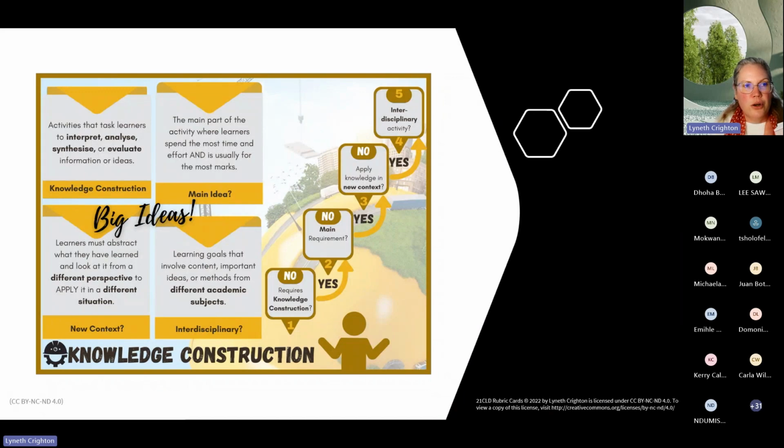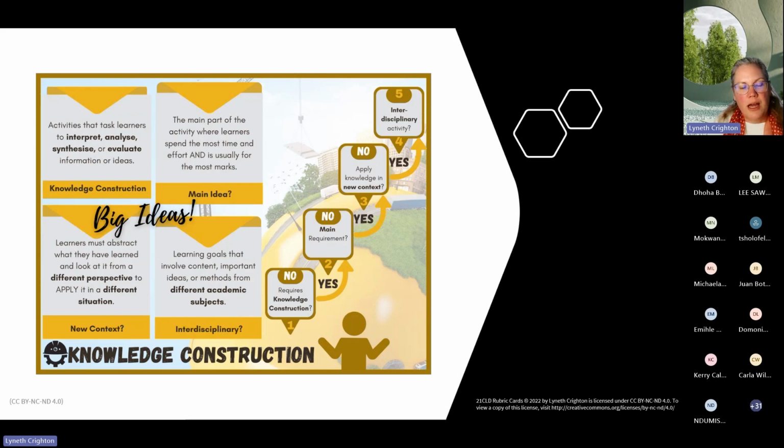They are going to interpret, analyze, synthesize, or evaluate their information and create something. If you said no, then your project would have level 1 on the knowledge construction rubric. If the answer is yes, then you have to decide whether it's the main component.